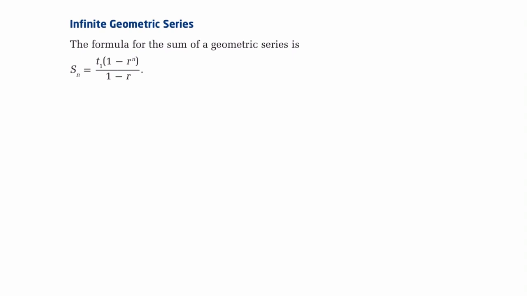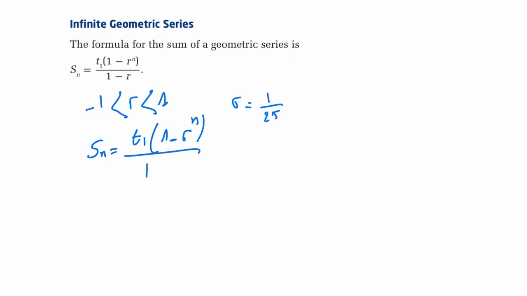Imagine you have a ratio r which is bigger than -1 and less than 1. For example, take r equal to 1/25. From the formula we derived in the previous video, Sn will be T1, my first term, times 1 minus r to the power of n, divided by 1 minus r.